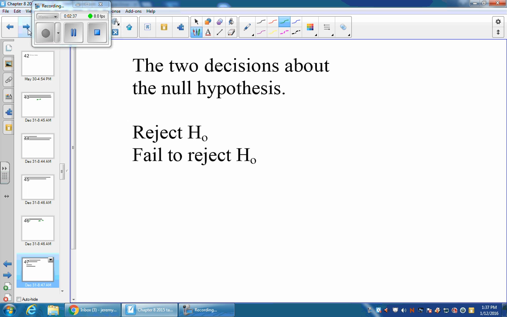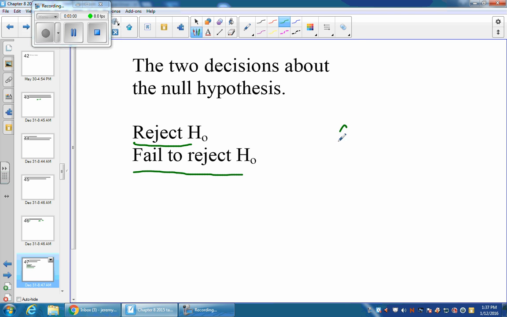Now there are two decisions that we have to make about the null hypothesis. We can either reject the null hypothesis or fail to reject the null hypothesis. Those are our two options. It's just like when you're in court. If you're sitting on trial for murder, a jury will never prove you guilty or prove you innocent.